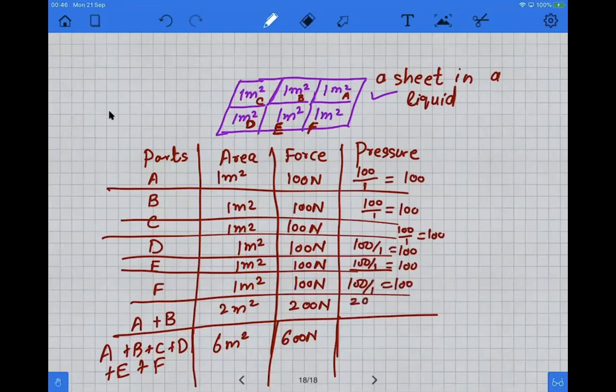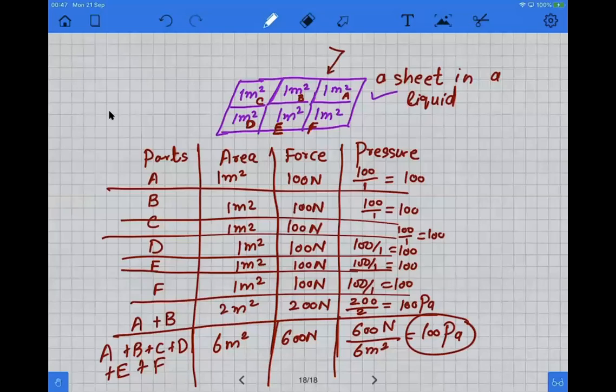Now, when you double the area, in a container of liquid, if you take some surface whose area becomes double, then the force will also become double, and as a result, the pressure will still remain 100 Pascal. Here, if the force becomes 6 times in the liquid, then the area is also becoming 6 times and still the pressure remains 100 Pascal.